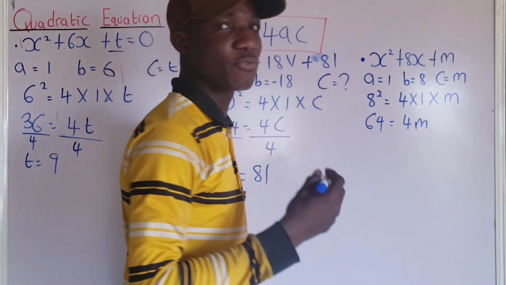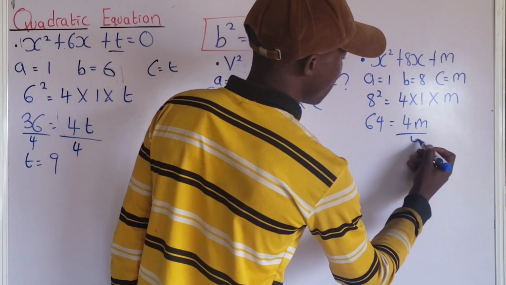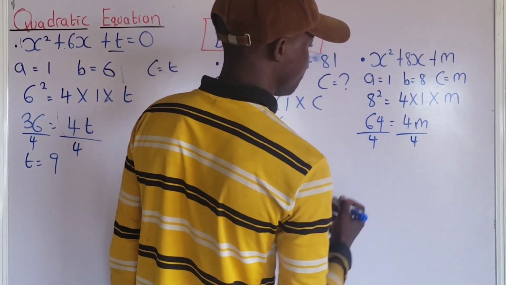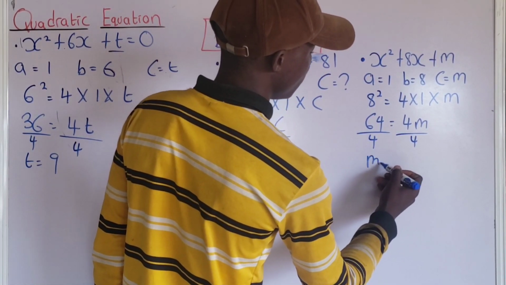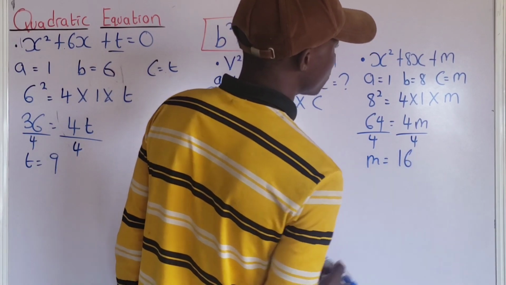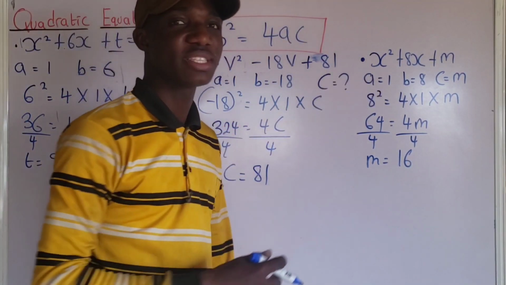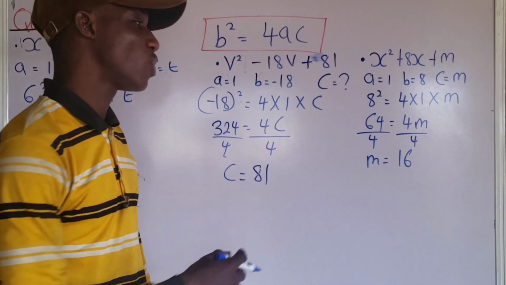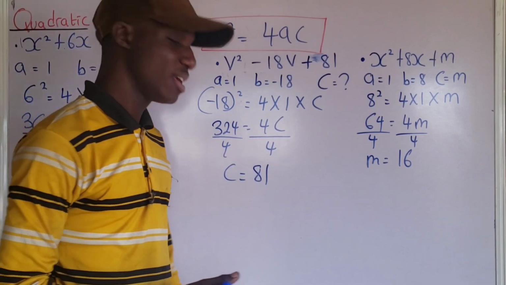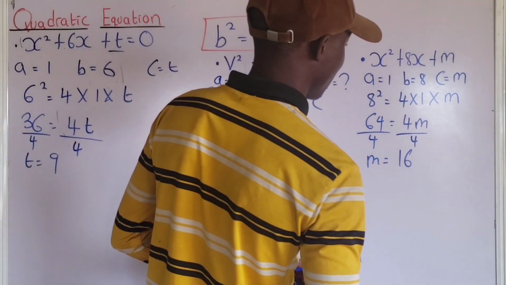Now divide both sides by 4. m will be equal to 16. So the value of m that must be added to x squared plus 8x to make it a perfect square is m equals 16. So this is the correct answer.